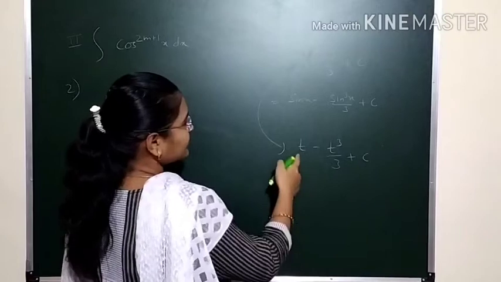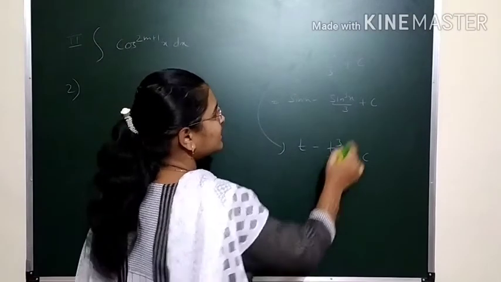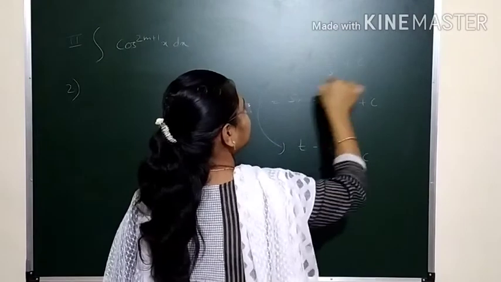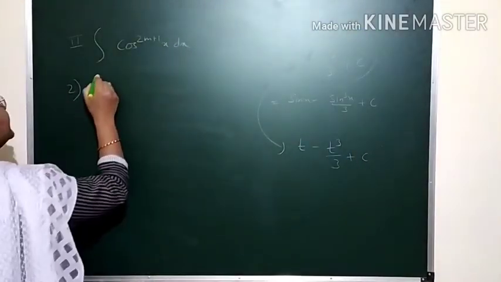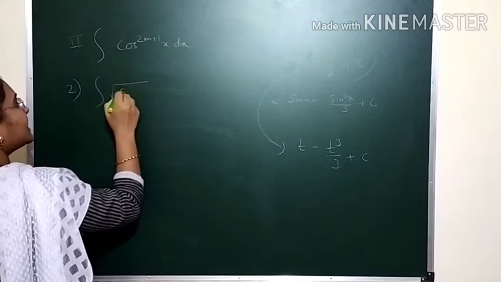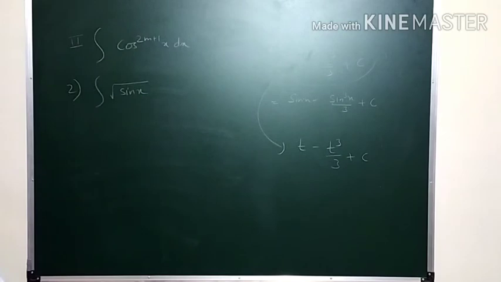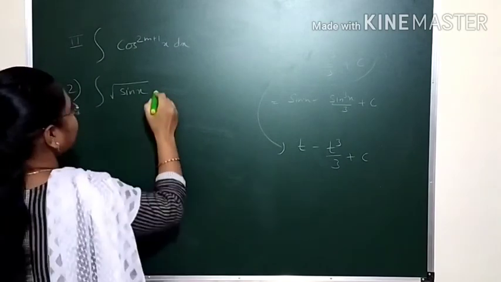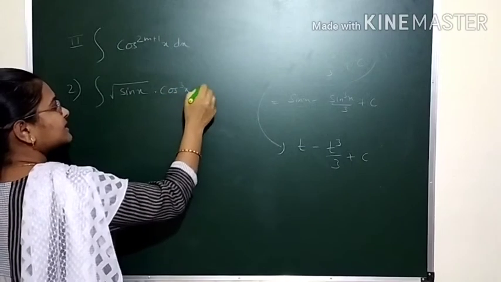Therefore this is sin x minus sin cube x by 3 plus c. Okay, so next example: integration of root sin x into cos cube x dx.